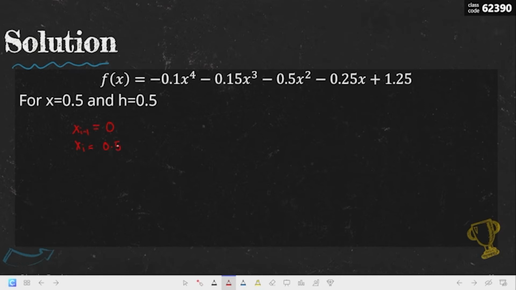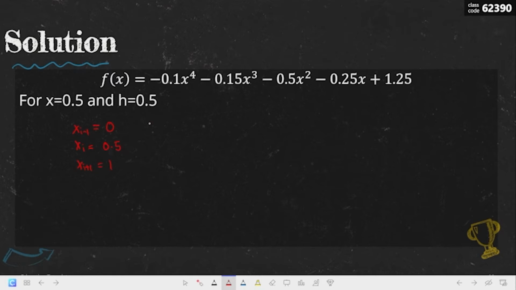Since our h is 0.5, our previous value is 0.5 minus 0.5, which is 0. Now our next value xi plus 1 is equal to 1, so we just add 0.5, our step size h. So this is now our xi minus 1, xi, and xi plus 1.